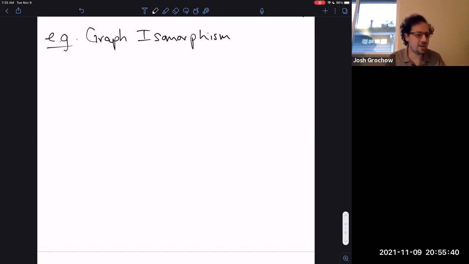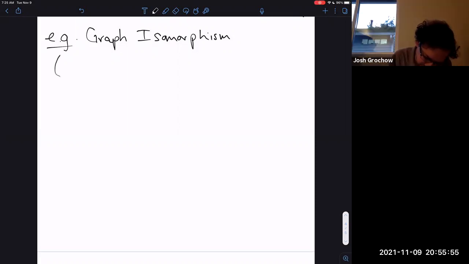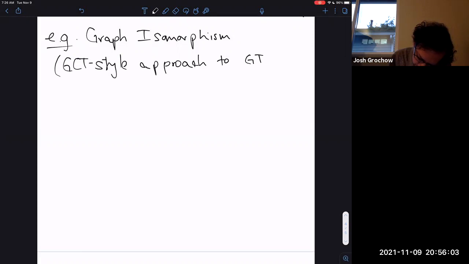It's something that I talked about when I gave lectures on this in Toronto, I don't know, almost 10 years ago now. I think there may be lots of interesting questions here, but it's also a nice little example. So this is sort of a GCT style approach to graph isomorphism.